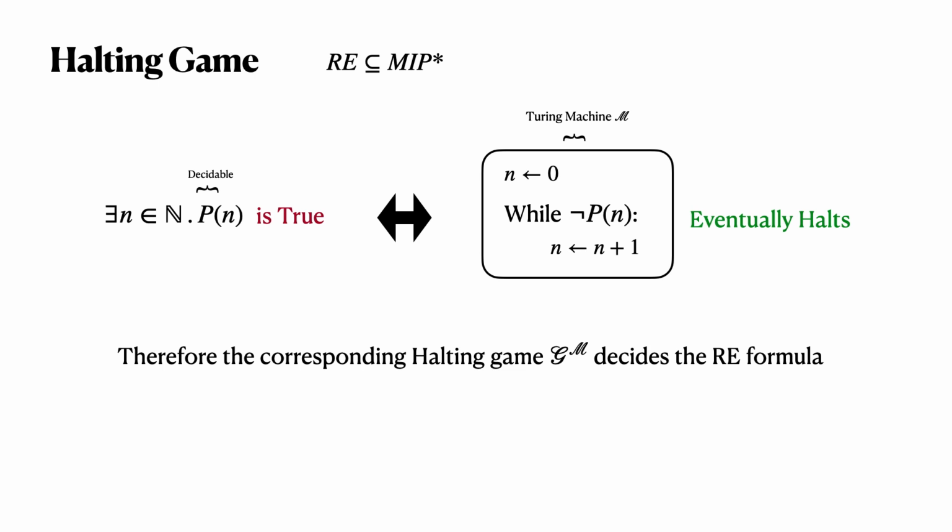Now consider the Turing machine M that loops over n and halts if and only if P evaluated at n is ever true. So the machine M halts eventually if and only if the formula is true. Therefore, the corresponding halting game GM has value 1 if and only if the RE formula is true. So this completes the proof of the containment RE in MIP star.